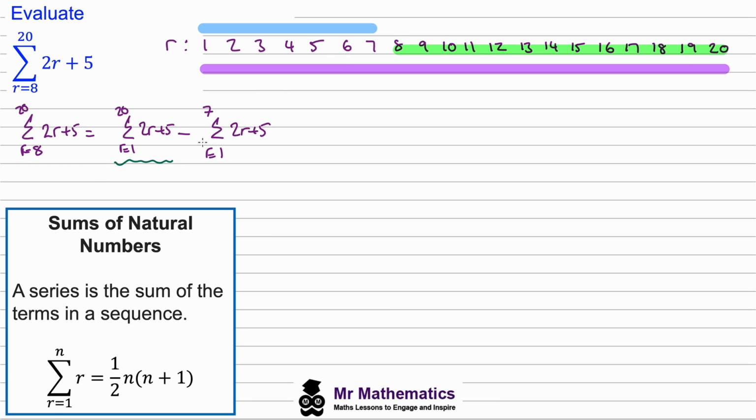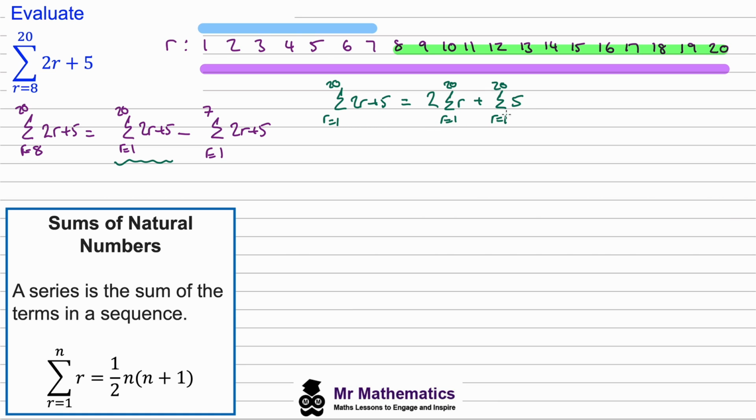this one first, well, we can break this down. The sum of 2r plus 5 between r equals 1 to 20 is exactly the same as 2 multiplied by the sum of r plus the sum of 5 between the same limits.